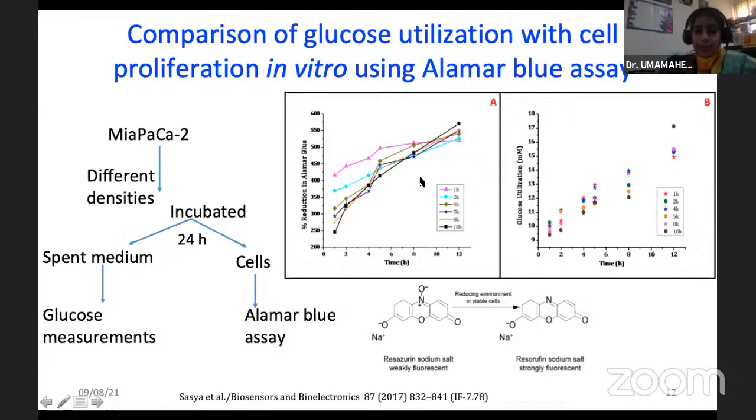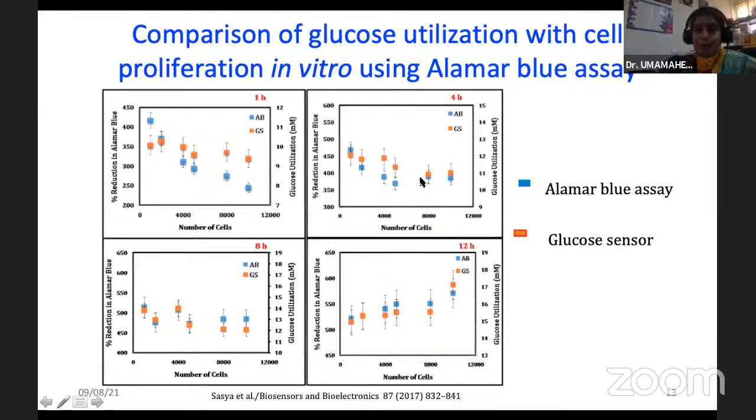So we went on to look at it at a little bit more micro level. We could see that the orange spots are the glucose utilization that we measured using the sensor, and the blue are the Alamar Blue assay. So at the early time point, 1 hour, we see there is a lot of deviation between the two assays. Whereas in the later time points, there is no variation, they all match.